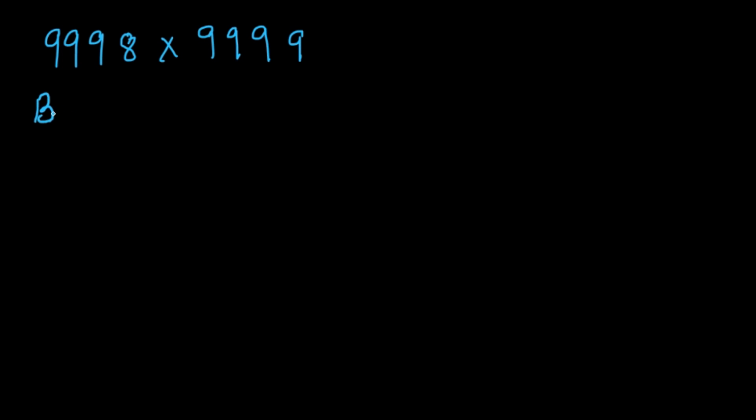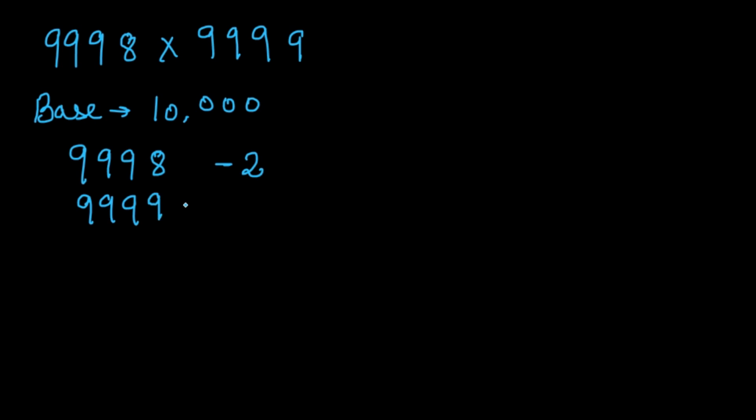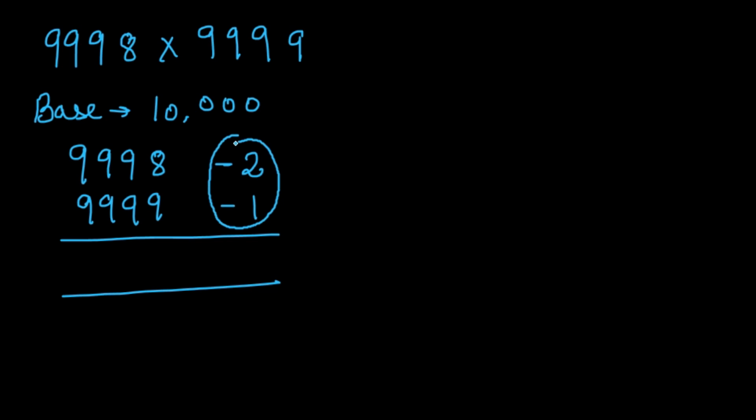So the first thing is to identify the base. Base will be 10,000. We'll figure out the difference. So 9998 is 2 less than 10,000, the base, and 9999 is 1 less than 10,000. What is our next step? Is to multiply the differences. So minus 2 into minus 1 gives you a 2.